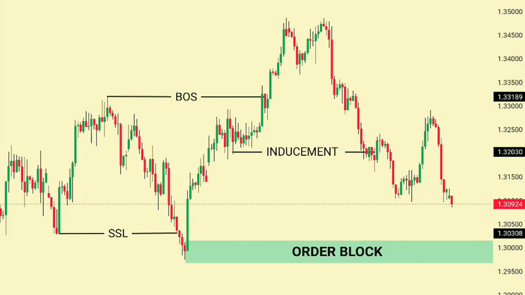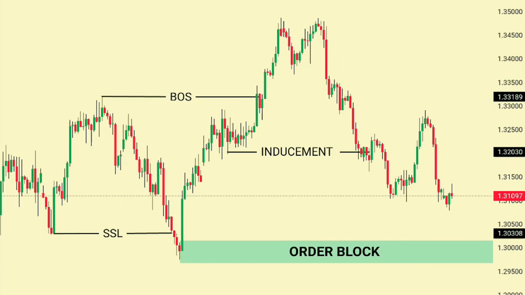The reason this zone is important is because it represents an area where institutions may have placed significant buy orders before driving price higher. Rather than entering randomly, I wanted price to return to this area and show a reaction. By identifying the order block after the break of structure and inducement, I was able to build a stronger trade idea based on both market structure and liquidity, rather than relying on a single concept alone.